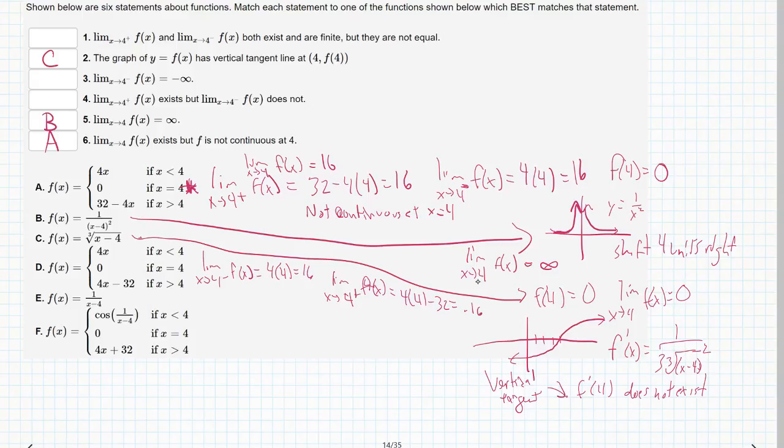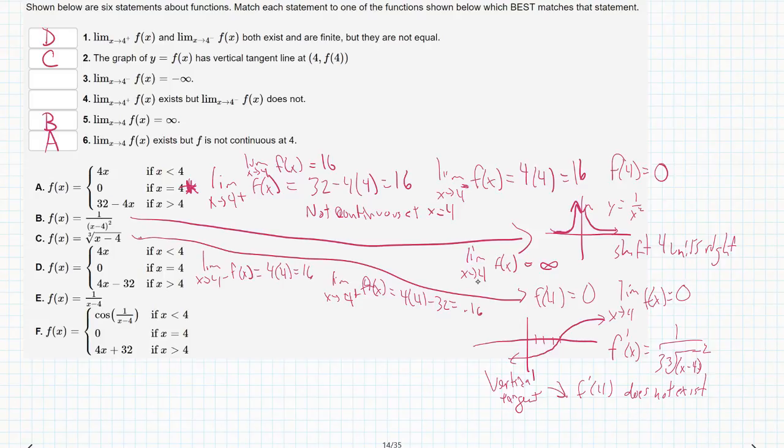Notice those two don't match, so it's not continuous there. The first condition says both exist and are finite, but they are not equal. It does not satisfy the other two conditions, so all of a sudden we have D going right there.